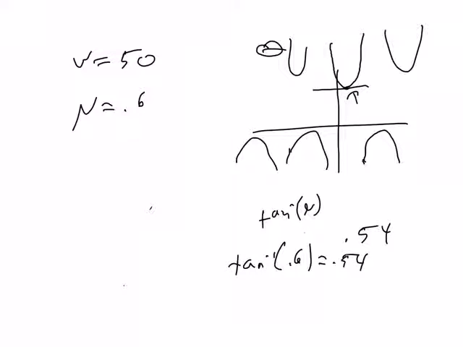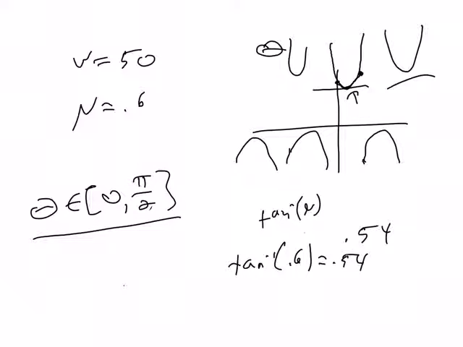We can also ignore a lot of these, because we can take the angle to just be in the interval 0 to pi over 2, because after that it's just going to repeat. So we're going to basically get something from here to here, and that's going to be the force given the angle from 0 to pi over 2.